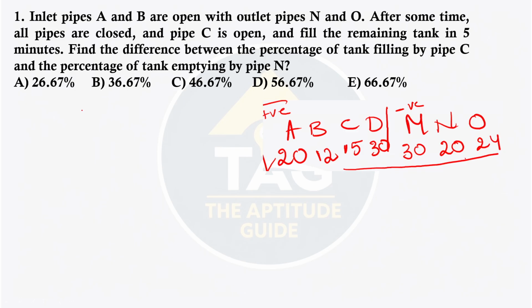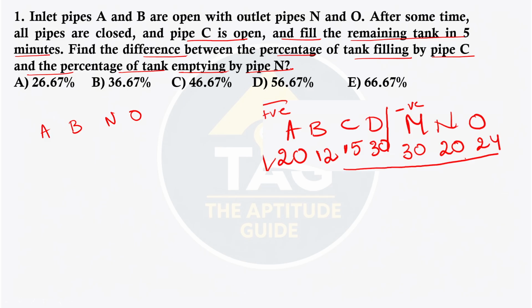Inlet pipes A and B are open with outlet pipes N and O. After some time, all the pipes are closed and pipe C is open and fills the remaining tank in 5 minutes. Find the difference between the percentage of tank filling by pipe C and the percentage of tank emptying by pipe N.